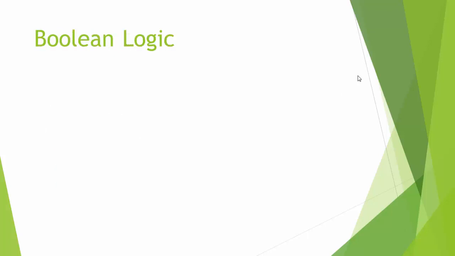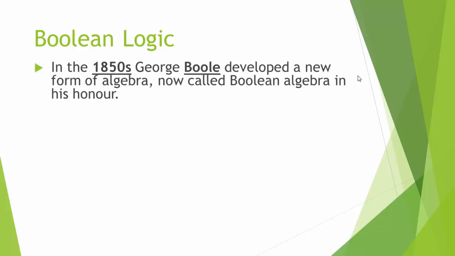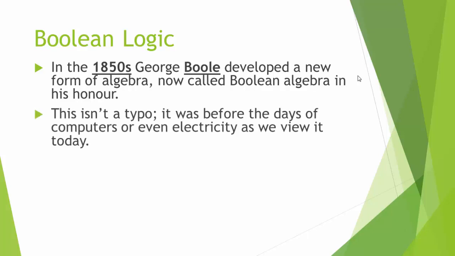Well, the answer is we have to go back a little ways in time. In the 1850s, George Boole developed a new form of algebra. Now it's called Boolean algebra in honor of him. Now, this isn't a typo. It was 170 years ago, before the days of computers or even really electricity as we view it today.